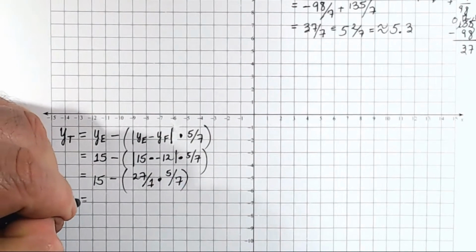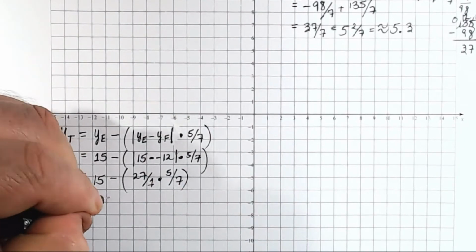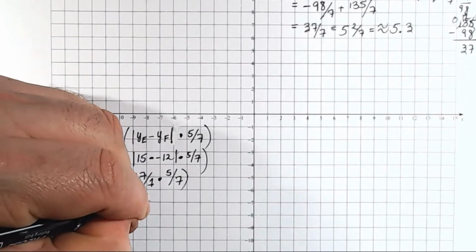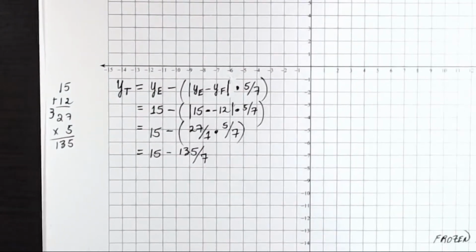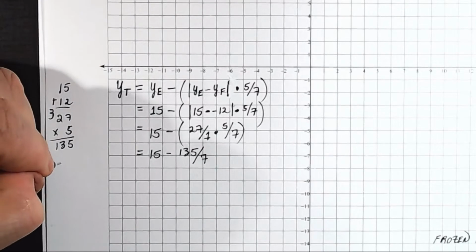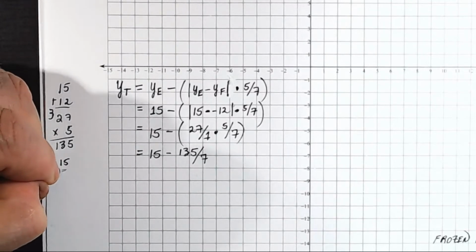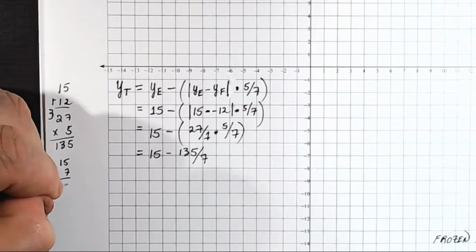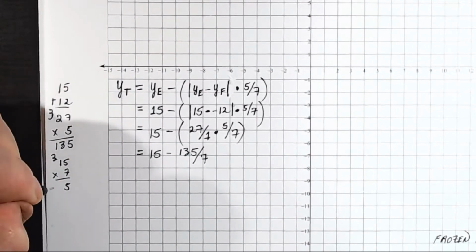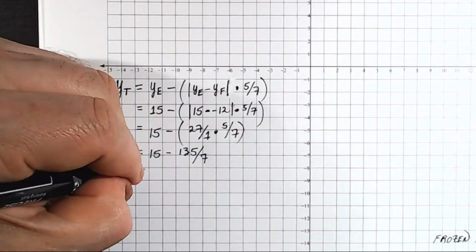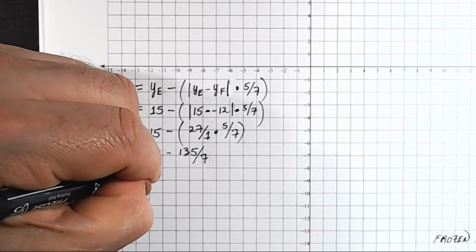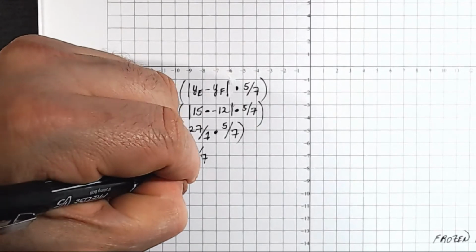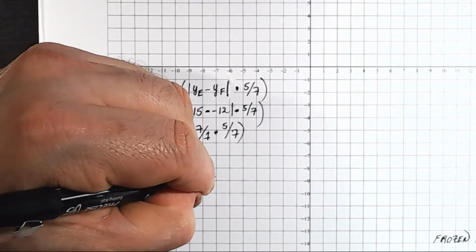So now we have 15 minus 135/7. All right, so we got to turn 15 into a number with 7 in the denominator. So we need to multiply 15 times 7/7. So 5 times 7 is 35, and that would be 105/7 minus 135/7.